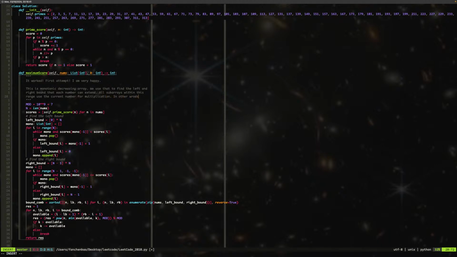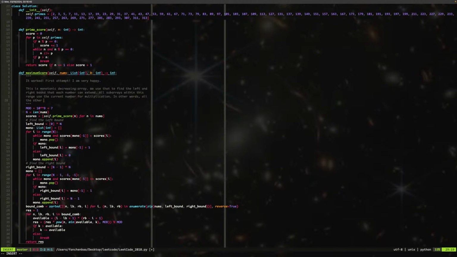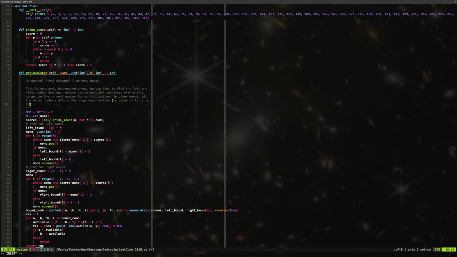In other words, all the other numbers within the range have smaller or equal prime score than the current number.